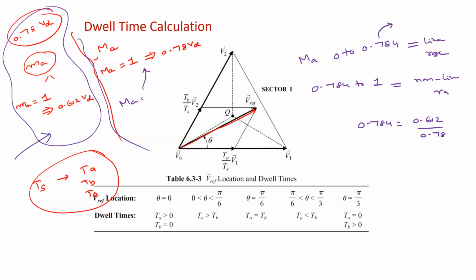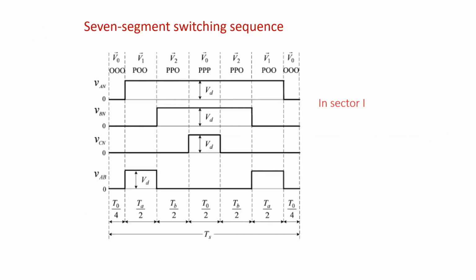So how exactly is that? We have some criteria to minimize the switching losses. The first criterion is something like this.